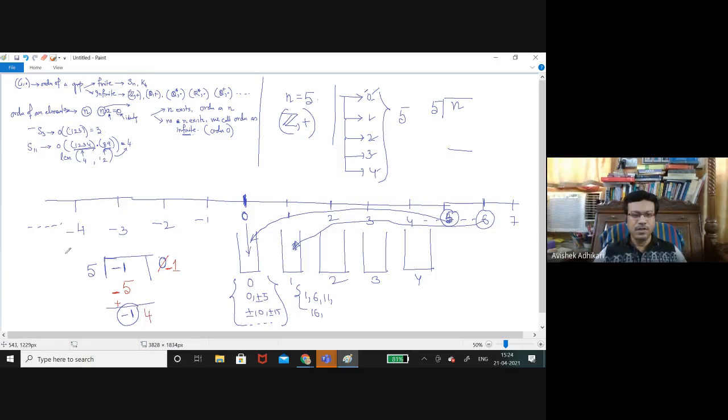Now is it clear? So -1 can be written as -1 into 5 plus 4.